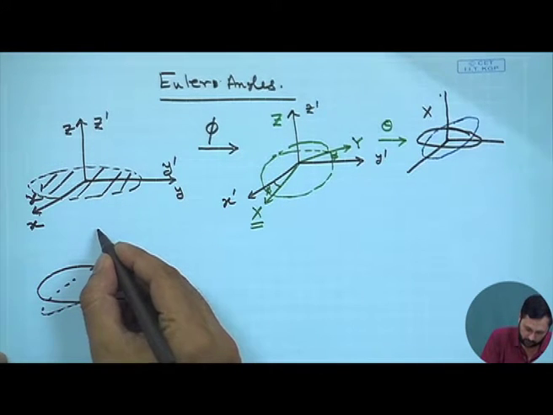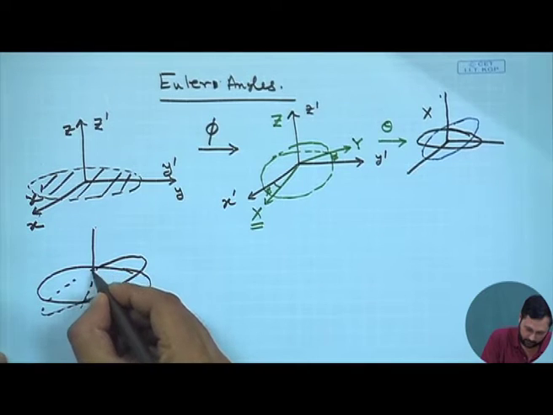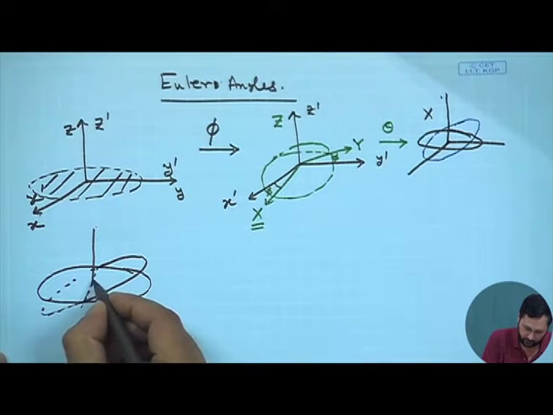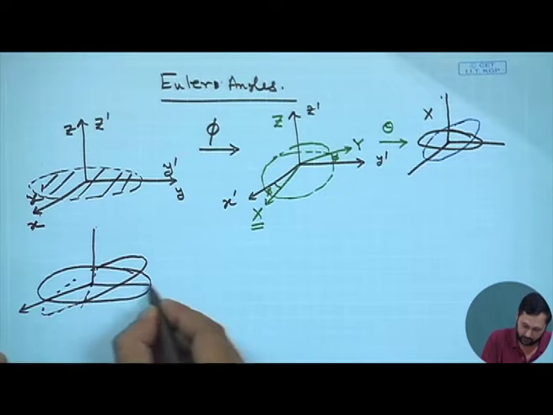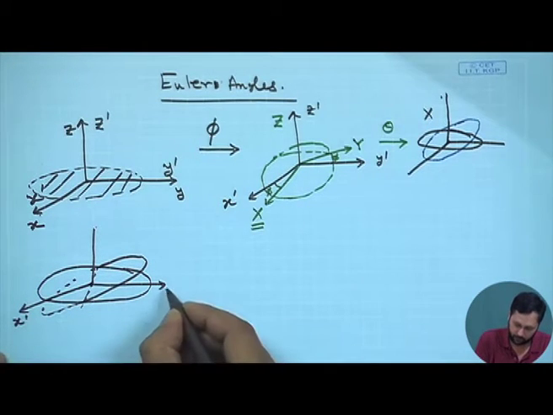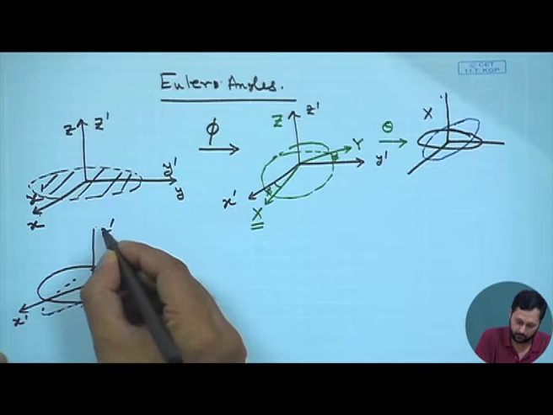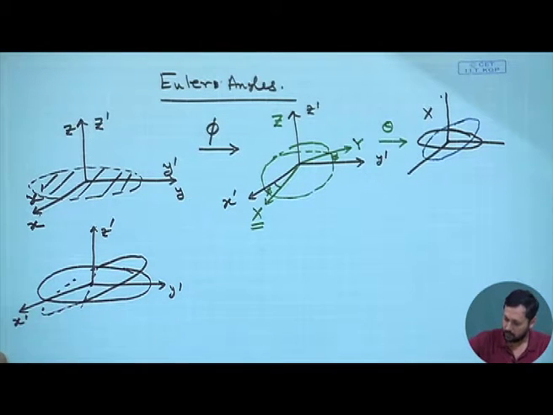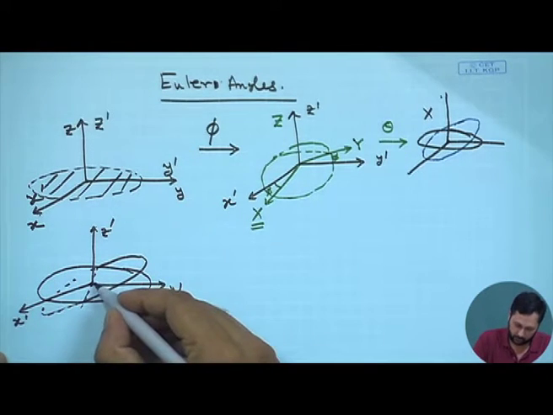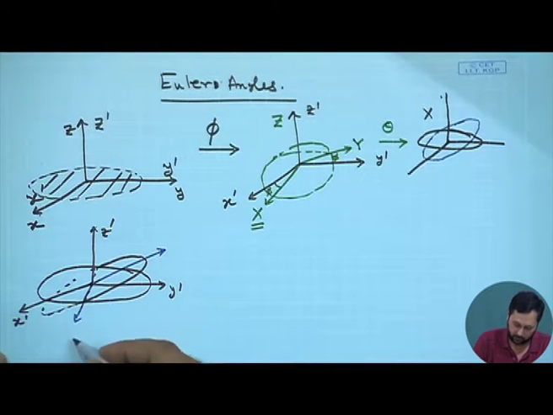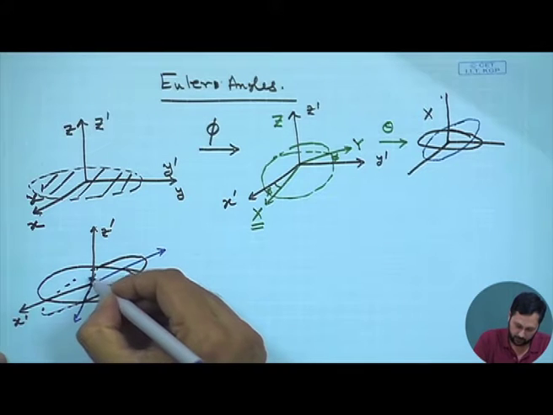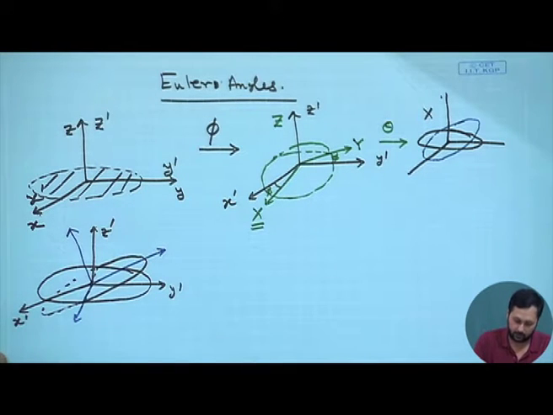Once again we have z, x, y, x prime, y prime, z prime. Now, let us use this color. Now, this is my y, this is my x, and this is my z.